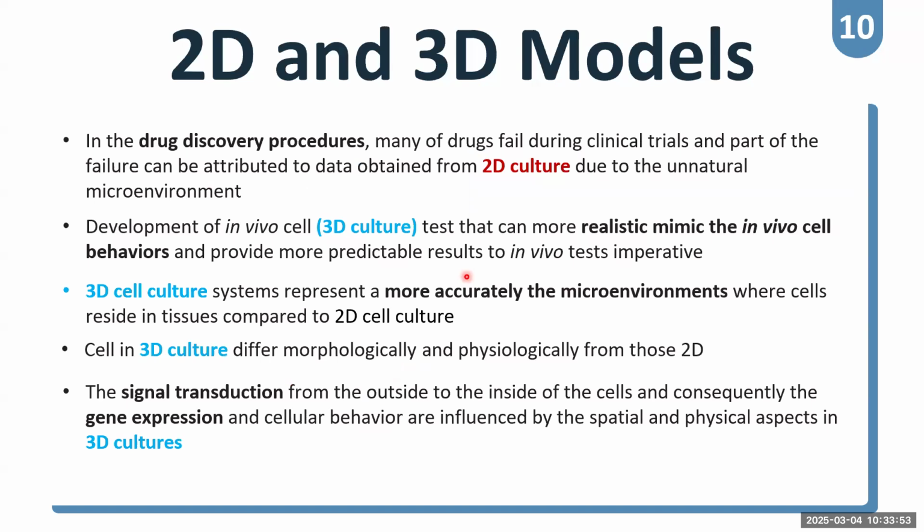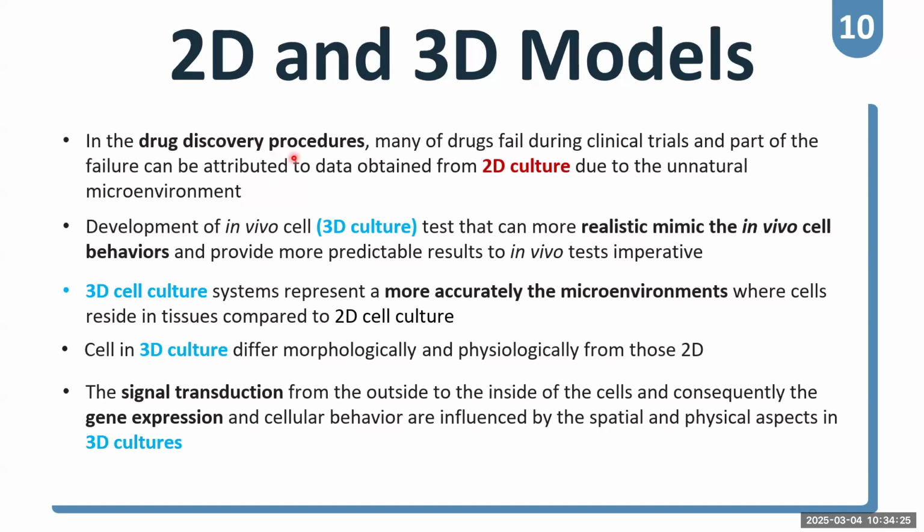Again, as I mentioned, 2D cell culture is easy to maintain, to monitor, and to perform. When you get an order from the doctor to screen more than 100 or 1,000 drugs, you will start with 2D cell culture. The first mentioned drug screening procedure fails when it goes to clinical trial.